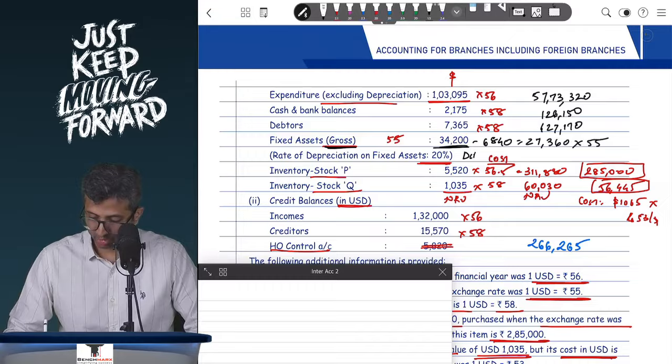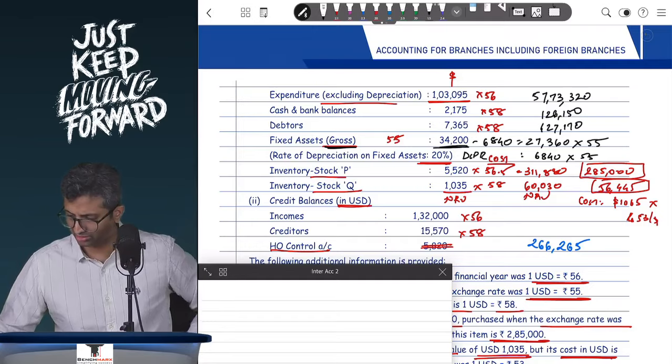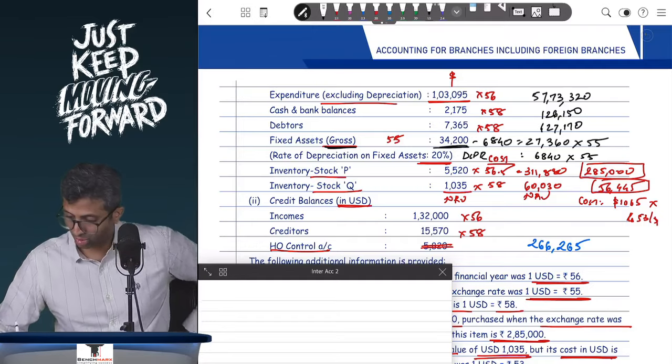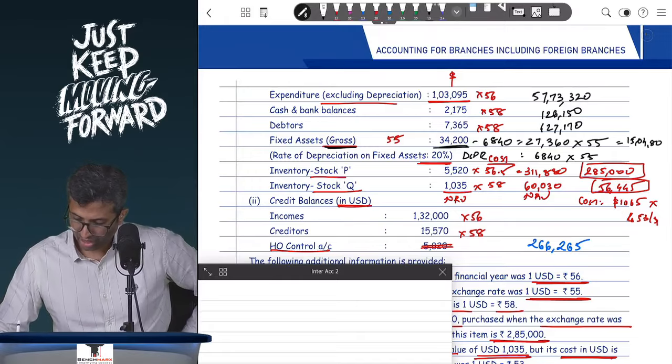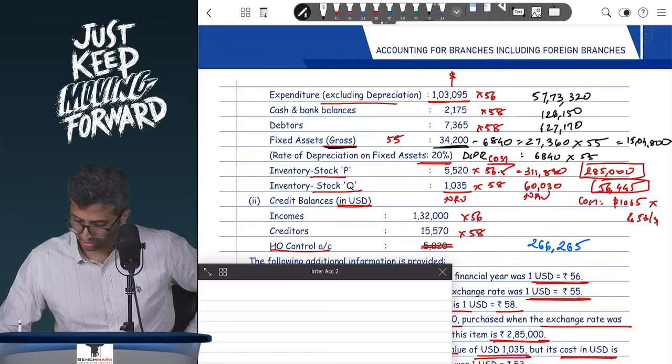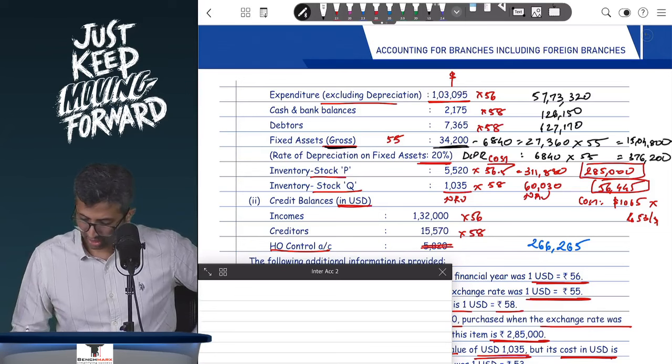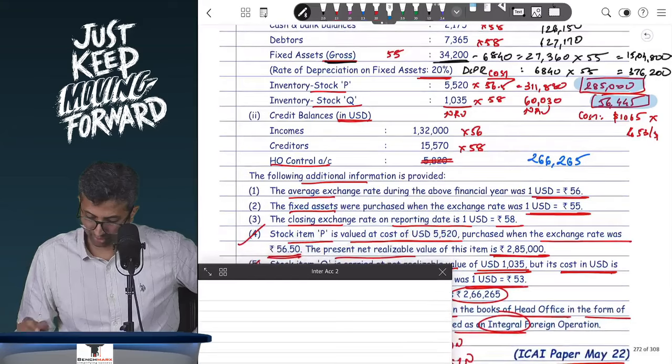Further, there will also be a depreciation expense of 6840 into 55. So 27,360 into 55 comes to around 15,04,800, and depreciation of 6840 into 55 comes to 3,76,200. Inventory, as we said, will be recorded at 285 and then 56,445.